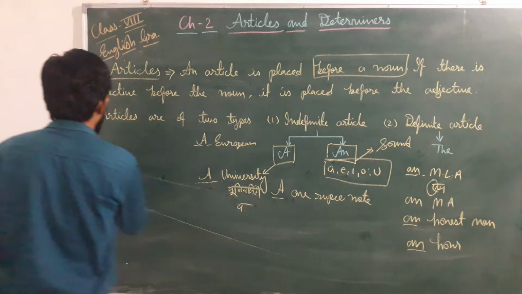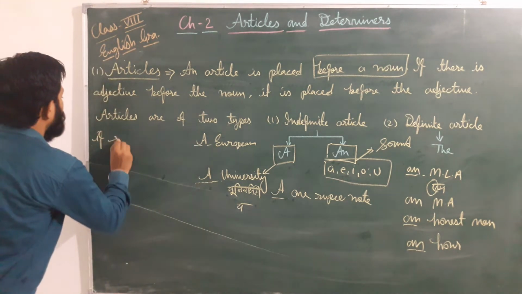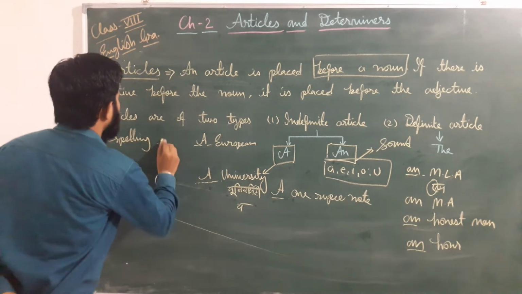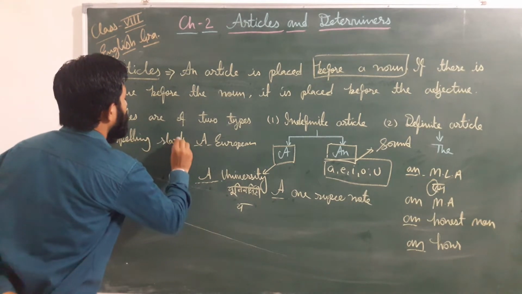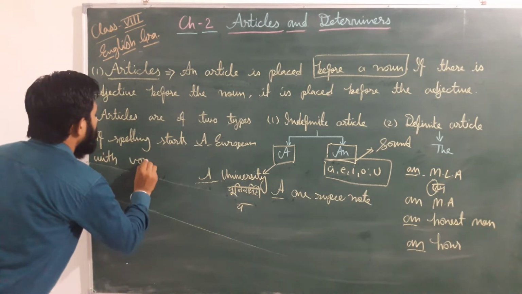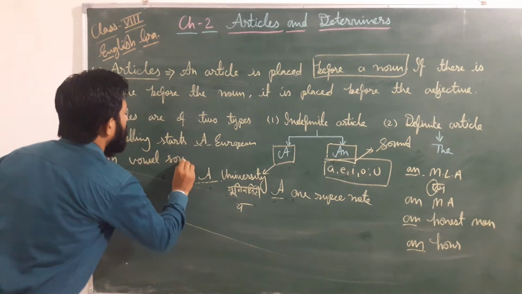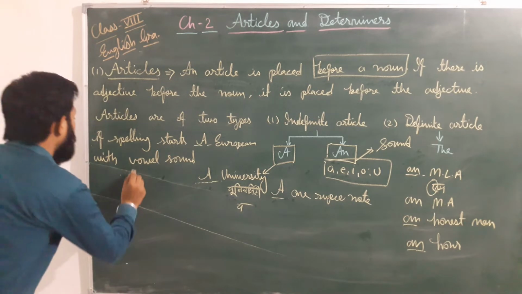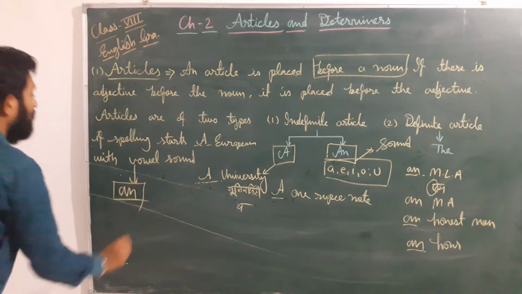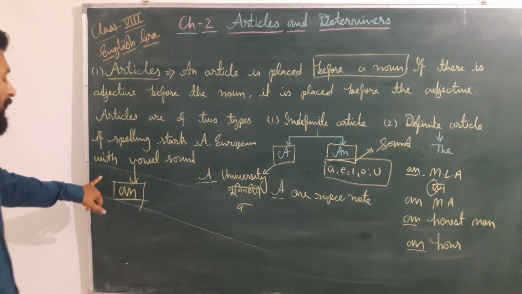Like, if the word starts with a vowel sound, then you have to use an. If the spelling starts with a vowel sound, then you have to use an.